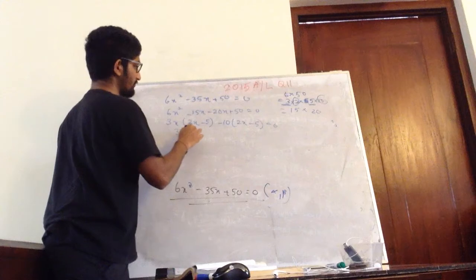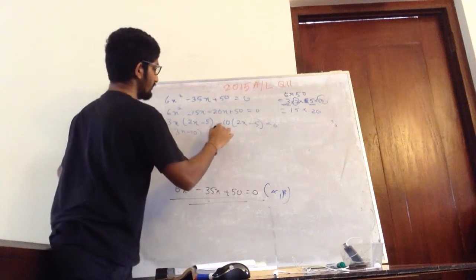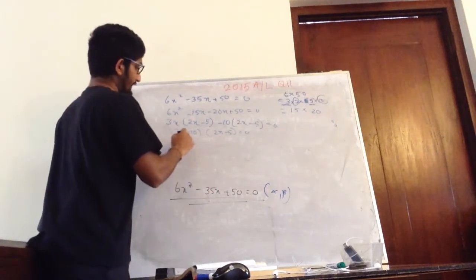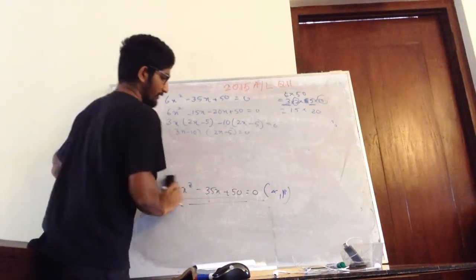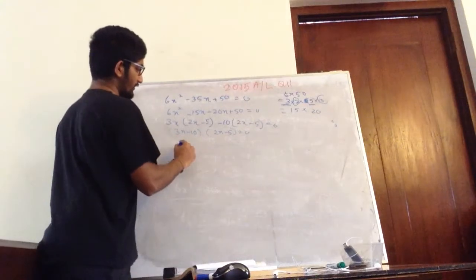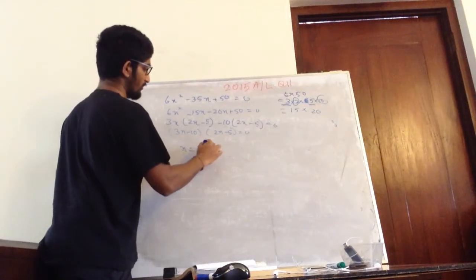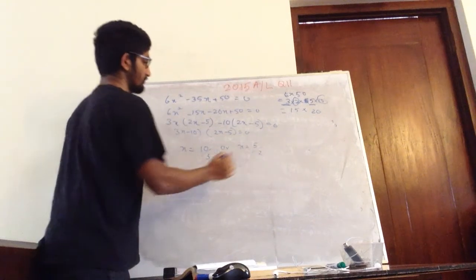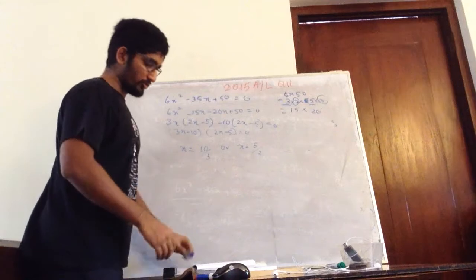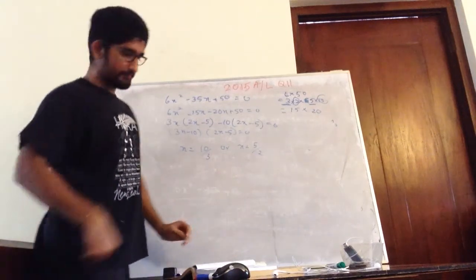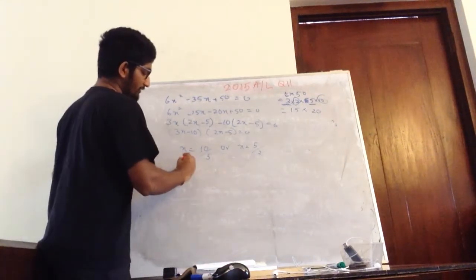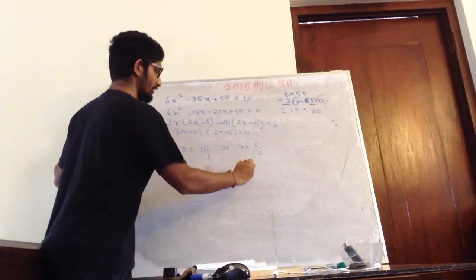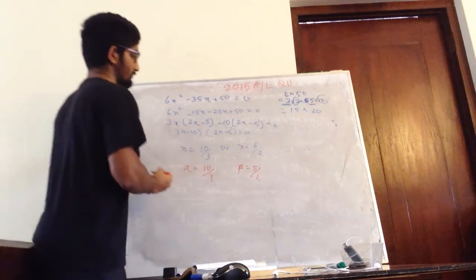That means (3x minus 10)(2x minus 5) equals 0. Then you can find x now. x is 10 over 3 or x is 5 over 2. Right, so I'm going to name these. So I'm going to name this as alpha and beta. Alpha is 10 over 3, beta is 5 over 2.